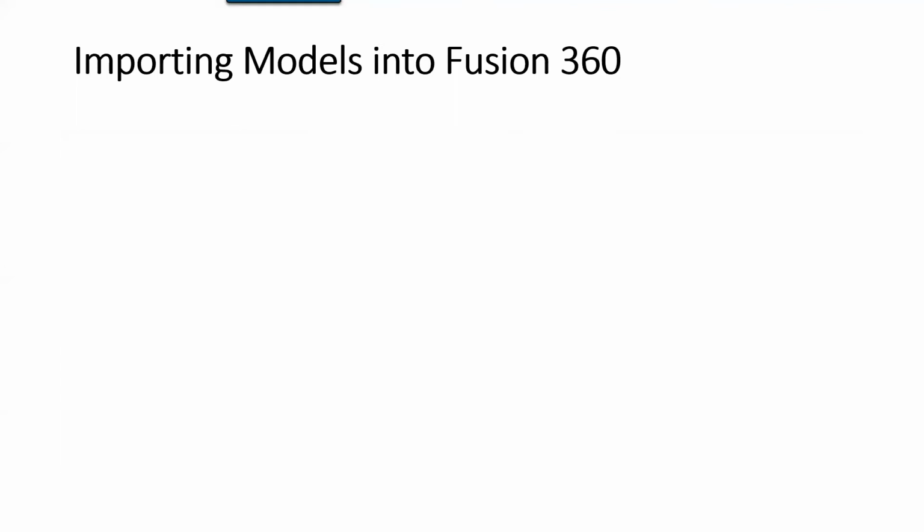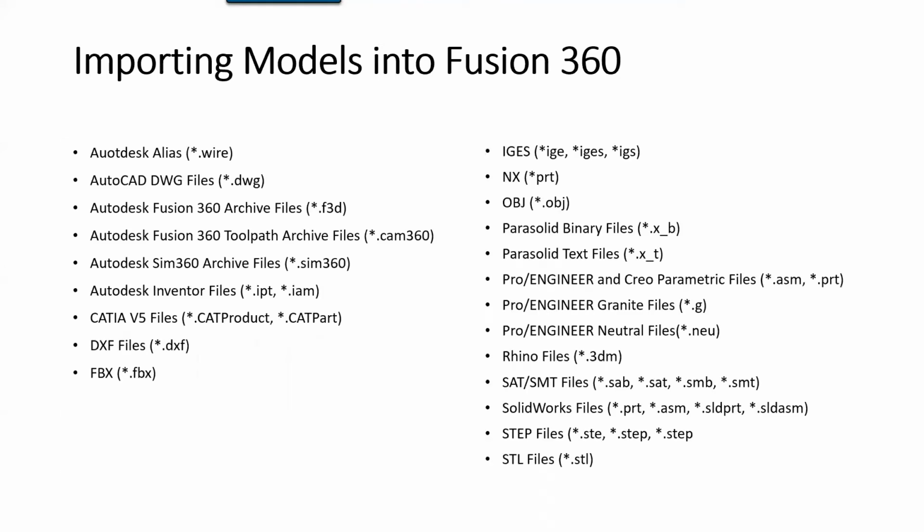So to start things off here, what kind of file types can you import into Fusion 360? These are the different file types that work with the software, right? So you get quite a bit. If you guys take a look, you have your traditional STEP files, your SAT files, Parasolids, IGES.